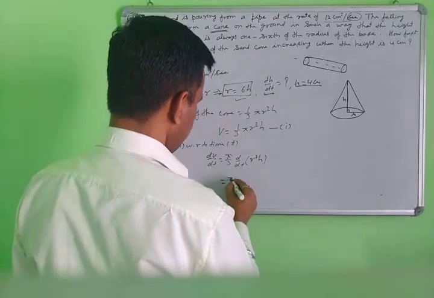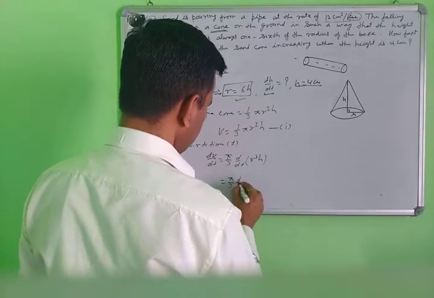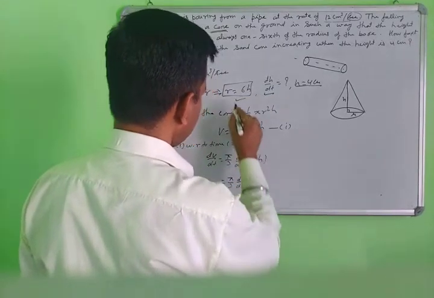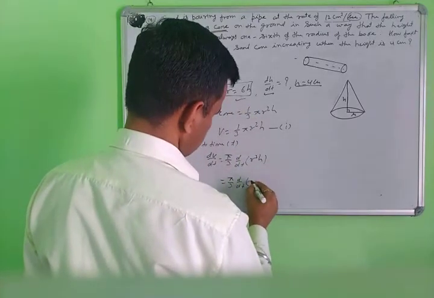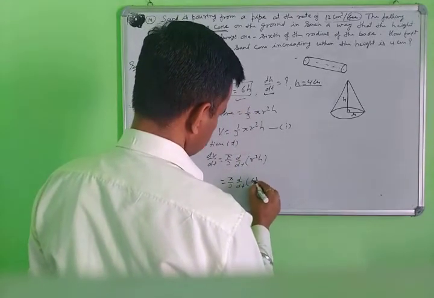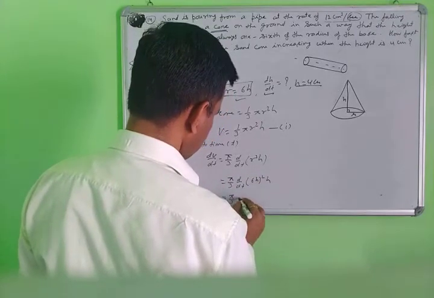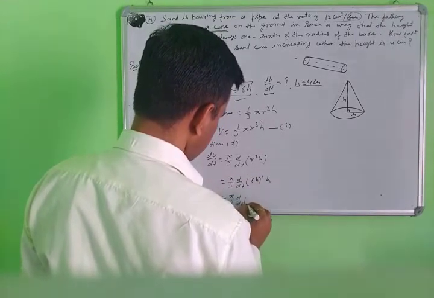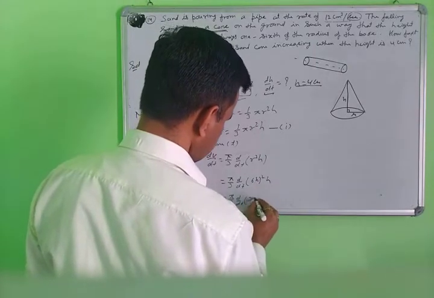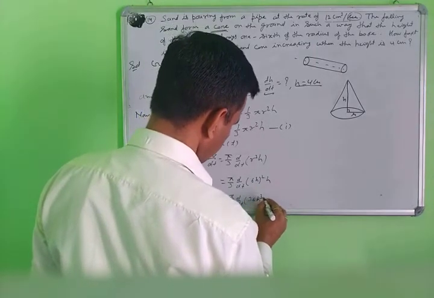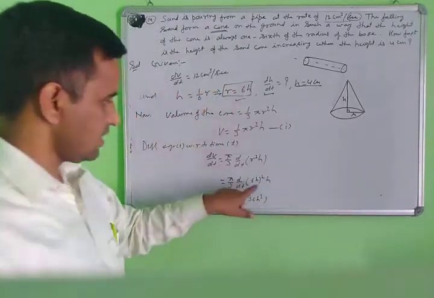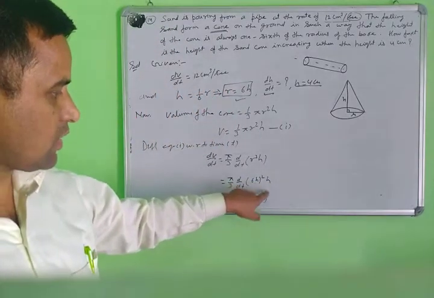So pi by 3, d over dt of 6h square into h. That gives pi by 3 d over dt of 36 h cube, since 6 squared is 36 and h square into h is h cube.